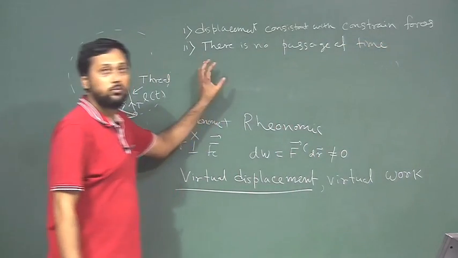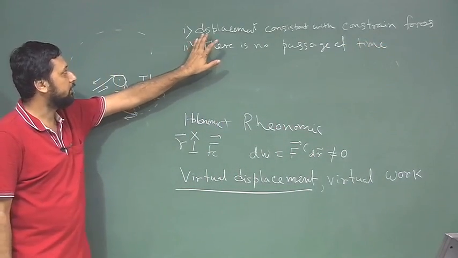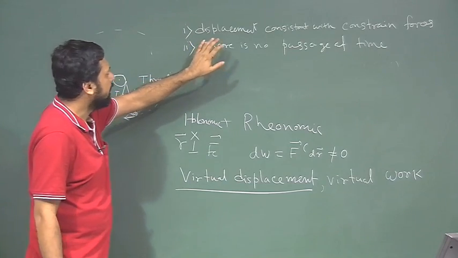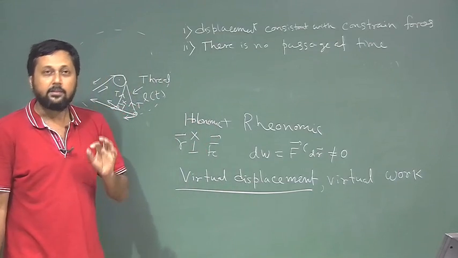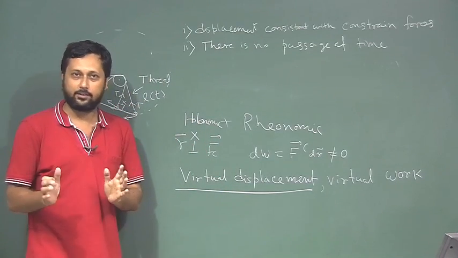What I mean by these two statements is, the first one is pretty much consistent, I guess we will all understand this: the displacement which is consistent with the constraint forces, that means the displacements which are allowed by the constraint forces.